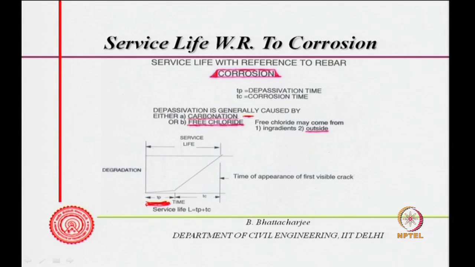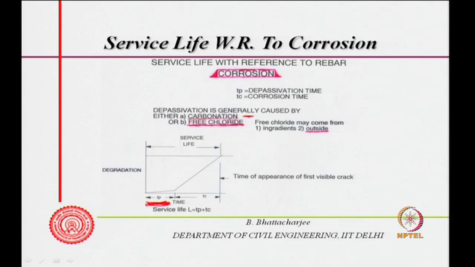So, it is essentially an oxide coating, thin but dense, through which Fe cannot go into the solution, and the rate of formation of such oxide is very slow, and therefore, we may not term this as active corrosion. So, this is passive condition.